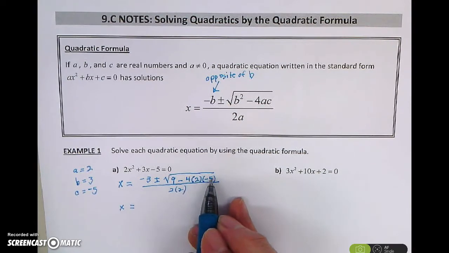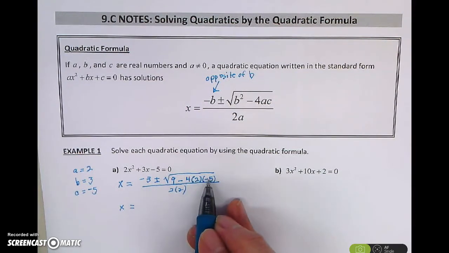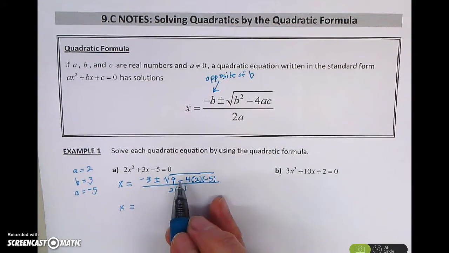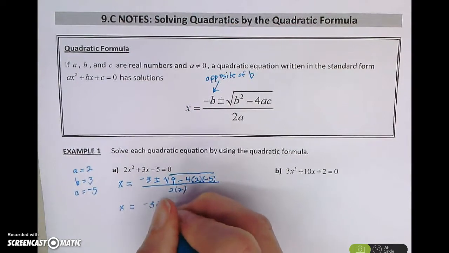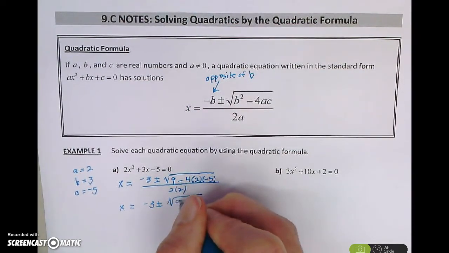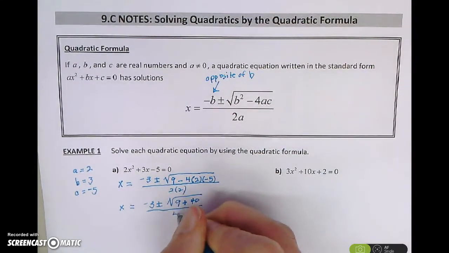So I'm going to have 4 times 2 is 8, and 8 times negative 5 is negative 40. So I'm going to have 9 minus a negative 40. And minus a negative is going to be plus 40. All over 2 times 2 is 4.